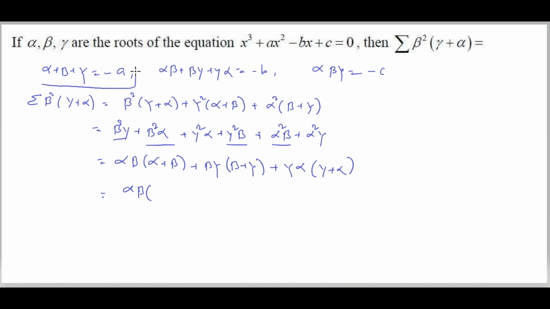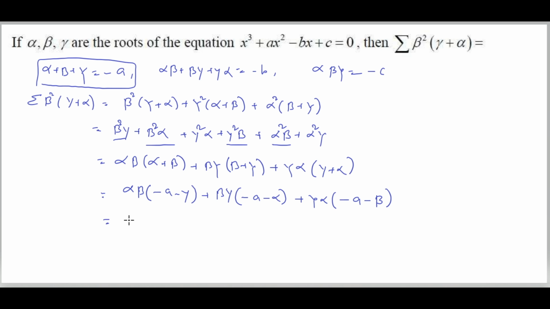From this equation alpha plus beta is minus a minus gamma, plus beta gamma into beta plus gamma, that is minus a minus alpha, plus gamma alpha into gamma plus alpha, that is minus a minus beta.